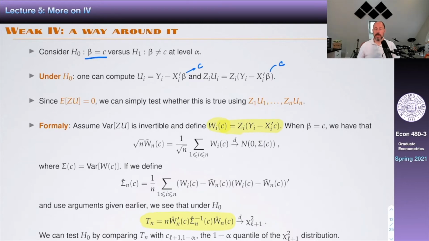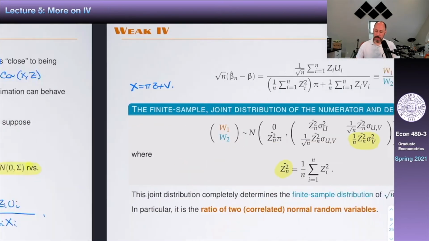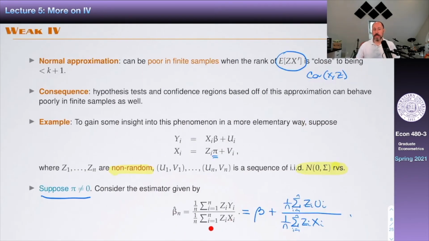Note also that this way of testing this null hypothesis does not need an estimator. It's not that we're estimating beta and then doing the test. We're just doing the test here without estimating beta. Because at the end of the day, we have a good estimator of beta, which is our IV estimator. This is not a bad estimator of beta. It is actually consistent.